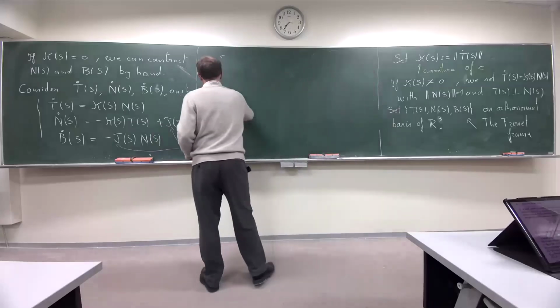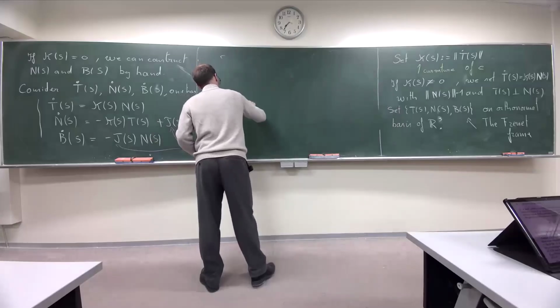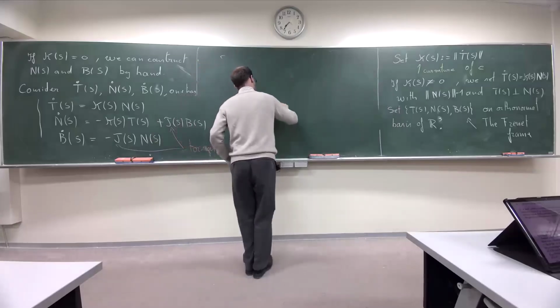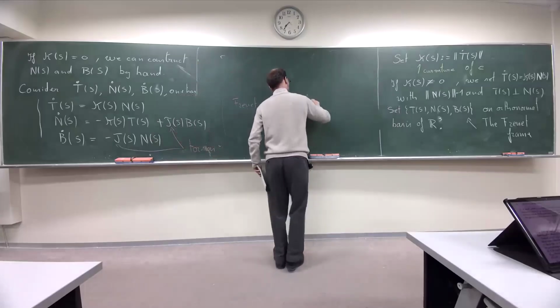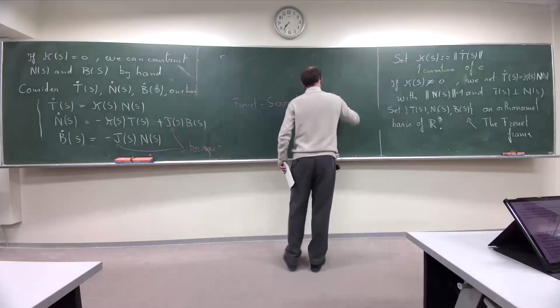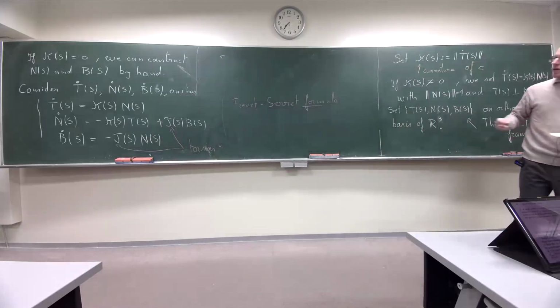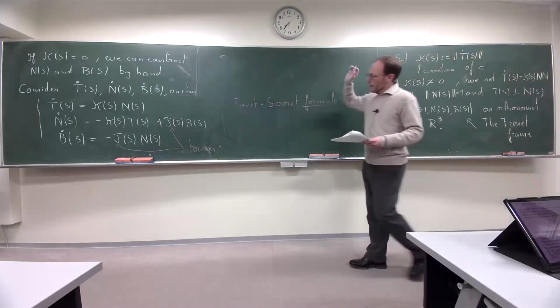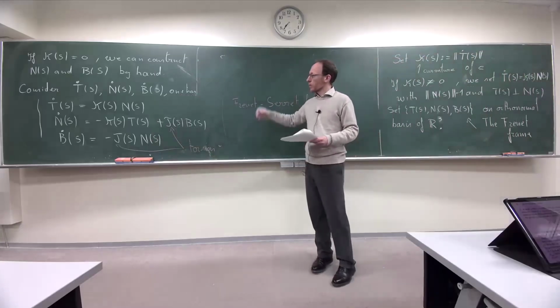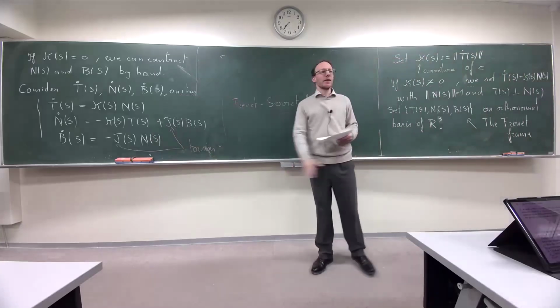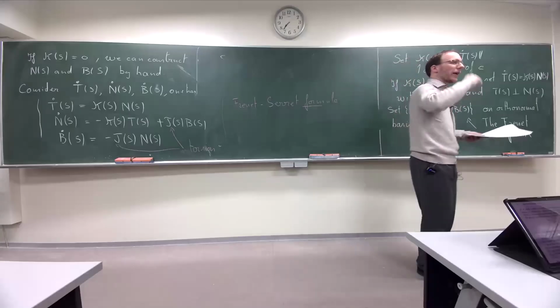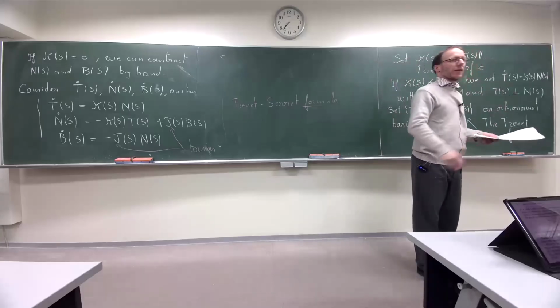This system is called the Frenet-Serret formula. And why is it useful? You can express, for example, the evolution of a particle inside this formalism, which is directly linked to the particle itself.